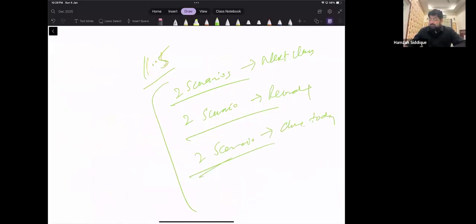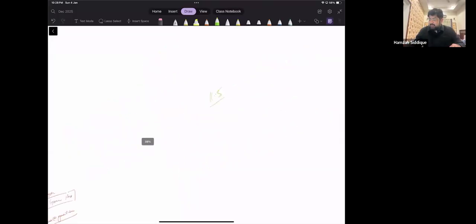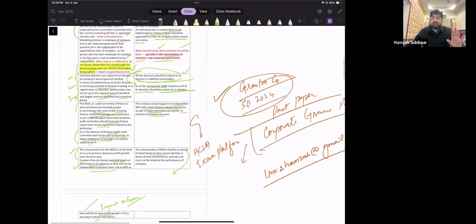You can solve Night Electronics and send me. And I will give one more assignment on the same in the next class, only the audit risk part, not the full question. And you have to solve in the columnar format, the same exam format, in this way.